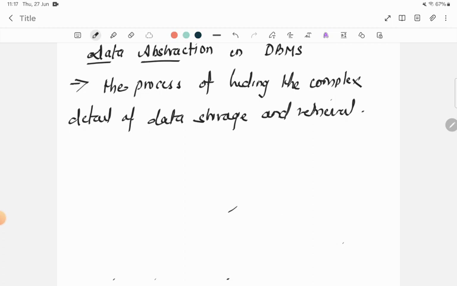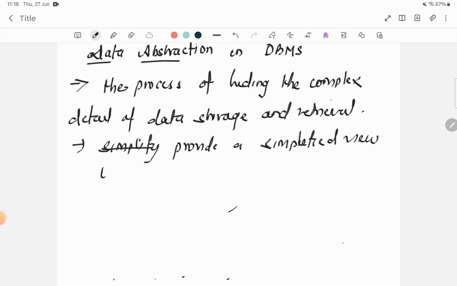Why is data abstraction done? It is done in order to provide a simplified view to the user.